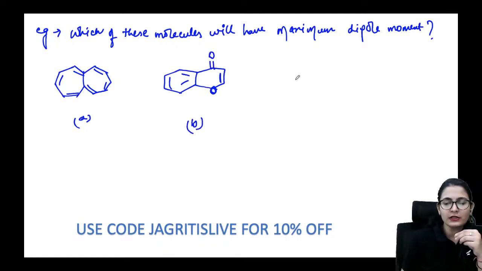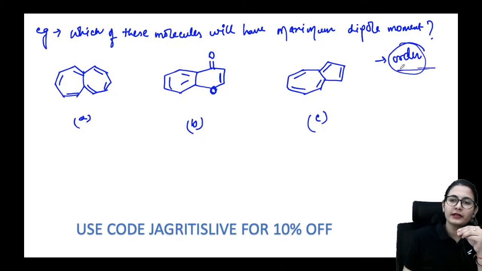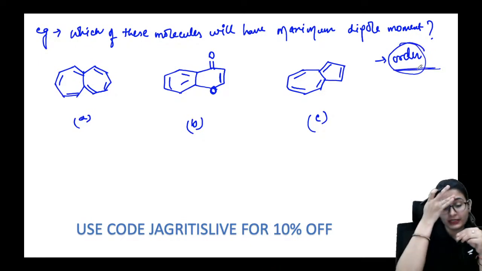This is your molecule. So which is the maximum dipole moment, or you can also say the order of dipole moment in decreasing order?